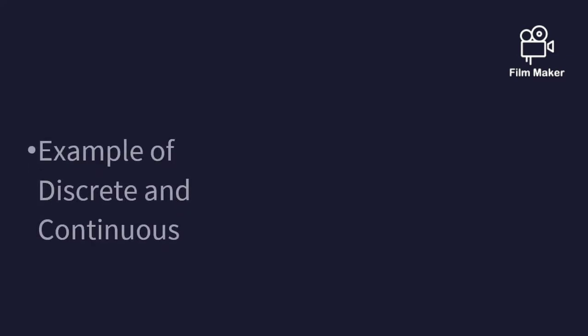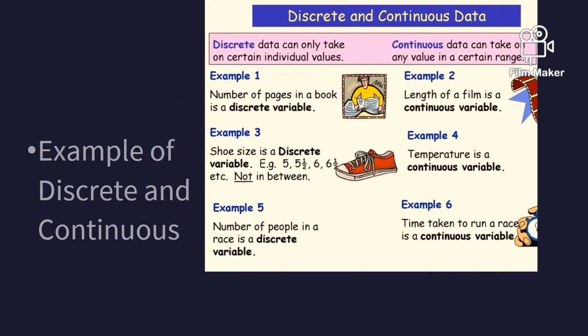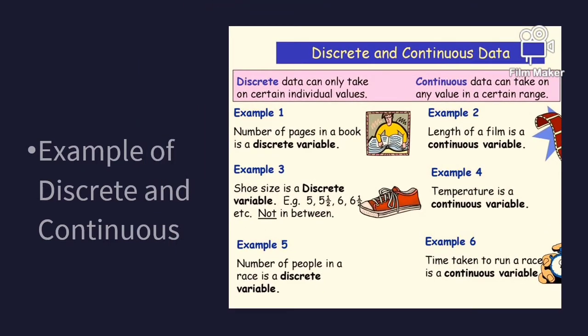Example of discrete and continuous. Discrete data can only take certain values, while continuous data can take on any value in a certain range. Example number 1. Number of pages in a book is a discrete variable. Example number 3. Shoe size is a discrete variable.